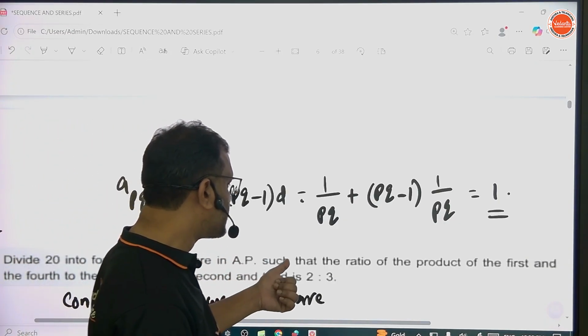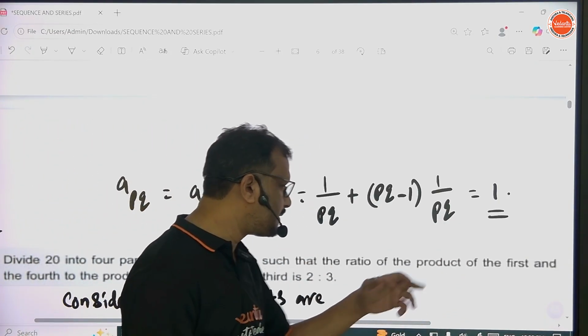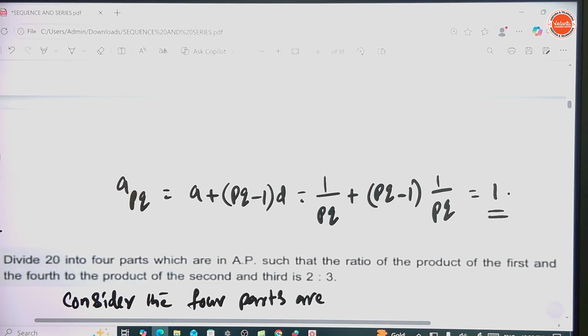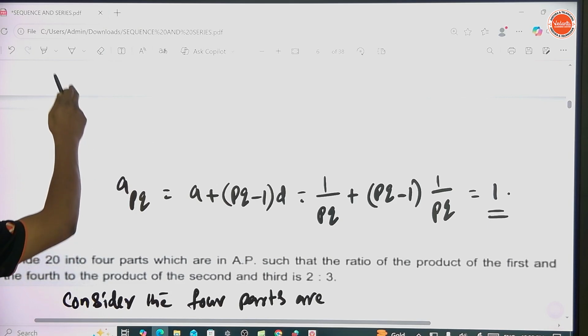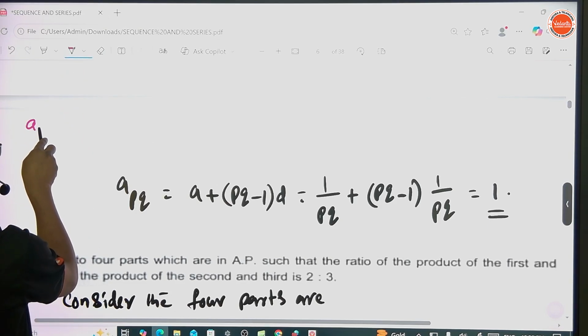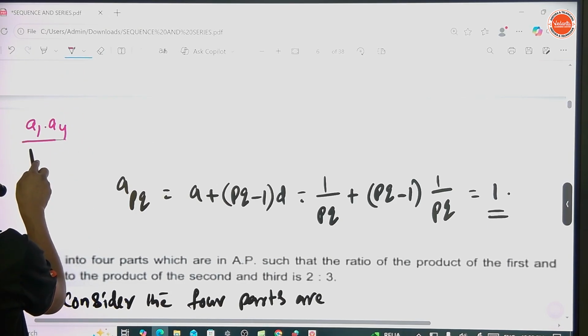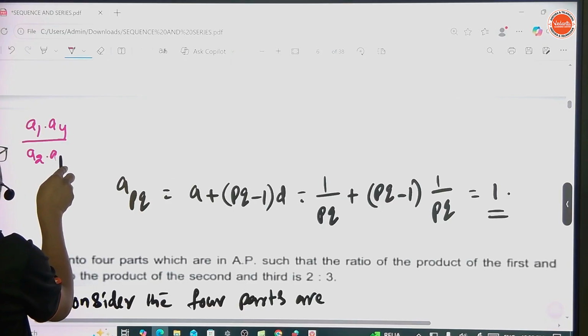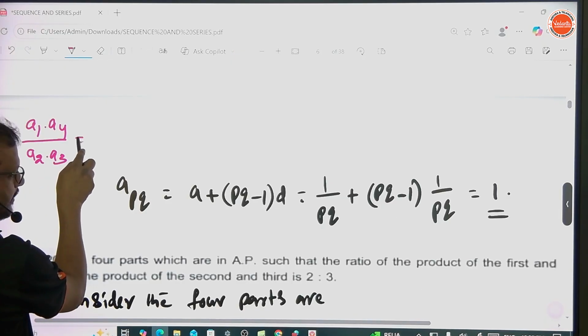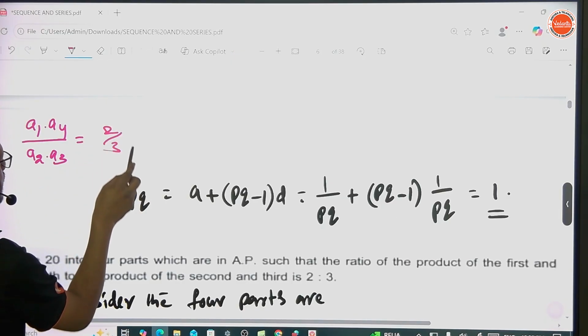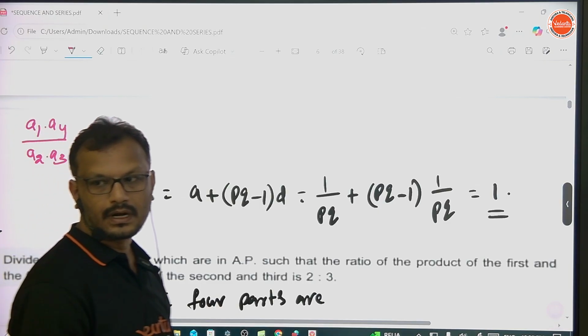One more condition: the ratio of the product of first and fourth to the product of second and third will be equal to 2 by 3. That means A1 into A4 by A2 into A3, the ratio is how much? 2 by 3. So that ratio is also given.